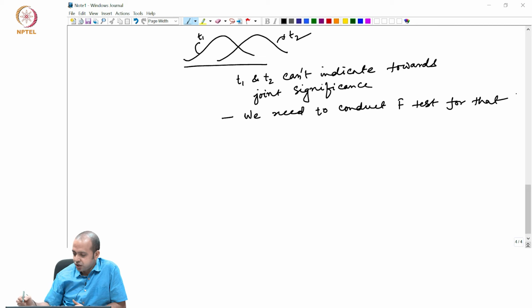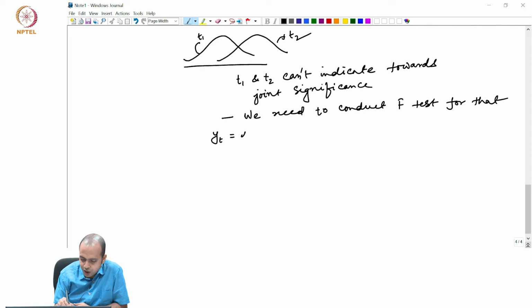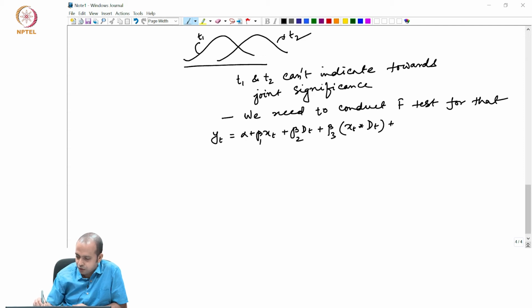In this model, yt equals alpha plus beta 1 xt plus beta 2 dt plus beta 3 xt multiplied by dt plus ut, what we are interested in checking is whether beta 2 equals beta 3 equals 0 or not.